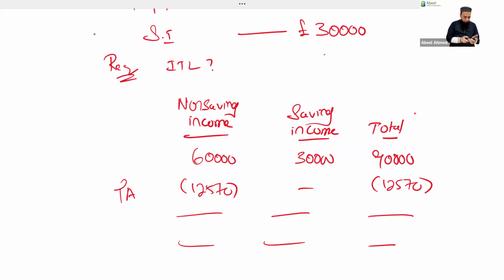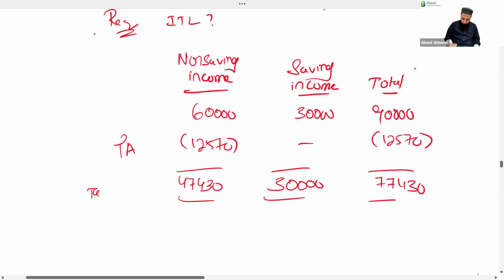60,000 minus 12,570. We are getting 47,430. Savings stays 30,000, so total is 77,430. Taxable incomes.